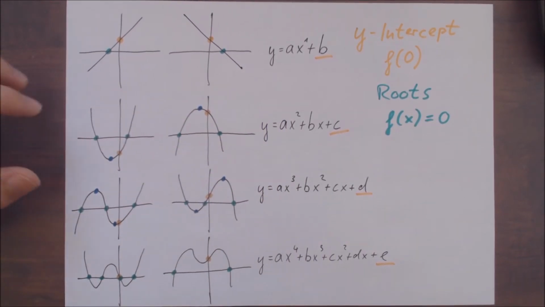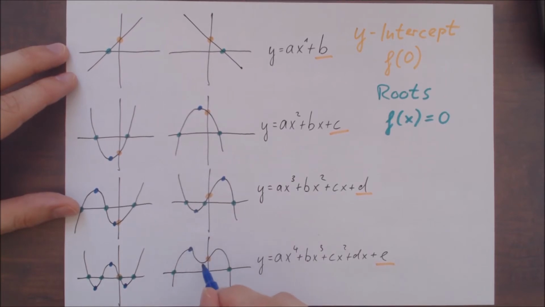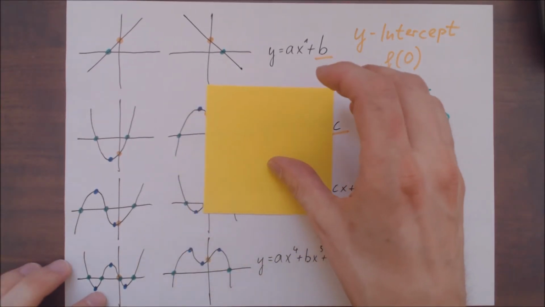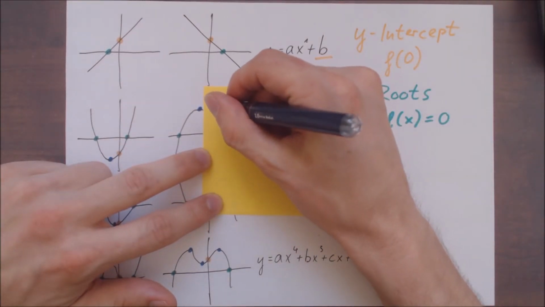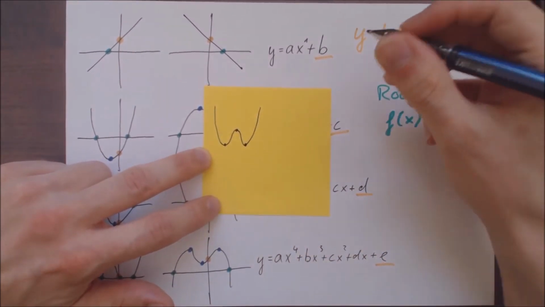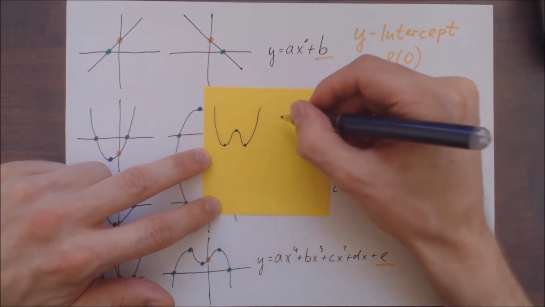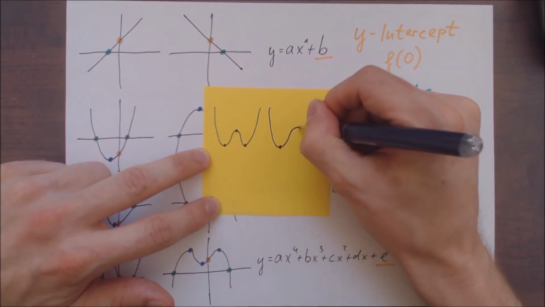Now the fourth degree polynomial has 1, 2, 3 extrema in this case, and 1, 2, 3 extrema in this case. But again, this is just the maximum amount of extrema that we can have. It can look like this. Then we have 1, 2, 3. But just as before, for example, these two can fuse together. Then it's only a saddle point, which looks like this.